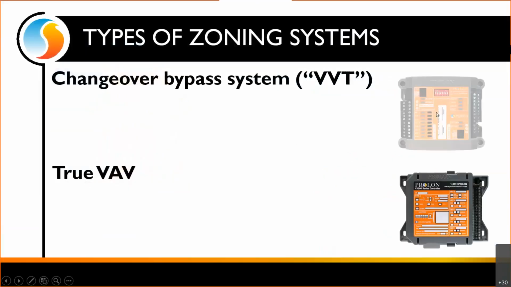So first of all, there are two kinds of zoning systems. So whenever people have a project and they're talking about a VAV zoning projects, there are two basic principles. One is called the changeover bypass system, or also known as VVT.